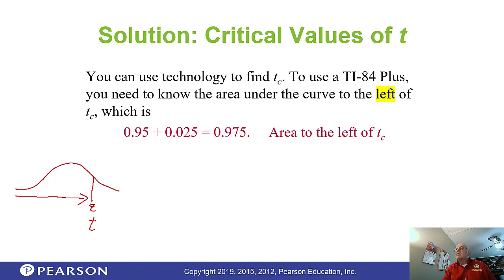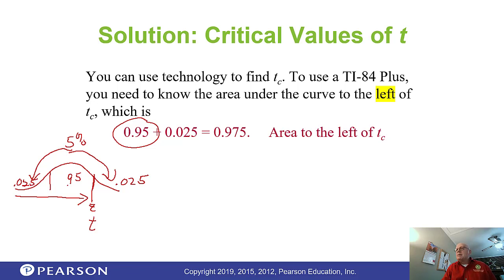So if we want a 95% confidence, that 95% confidence, remember, is in the middle. That means between these two edges, we're sharing 5% of the area, which means over here we have an area of half of that, half of 5%, and the other half of the 5% is over here.